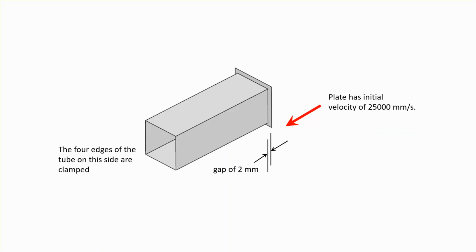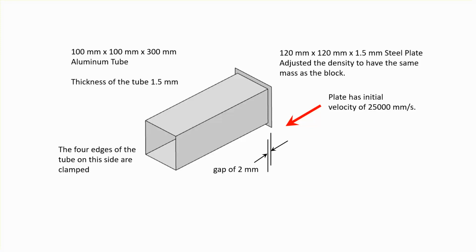There is an initial gap of 2 millimeters between the two parts, as it was in tutorial 1, and the dimensions are taken from that source that I indicated, and they're indicated here. The actual thickness of this impactor plate, I'm assuming, is 1.5 millimeter.